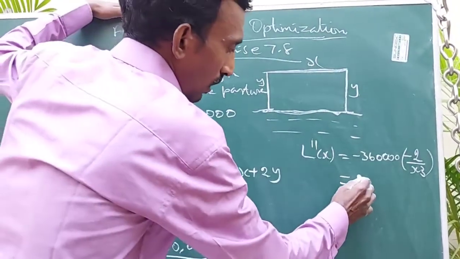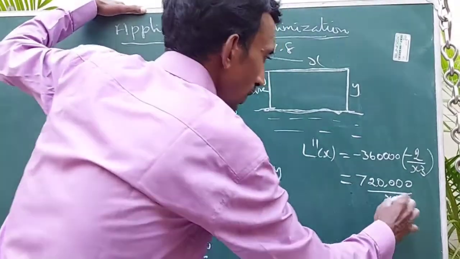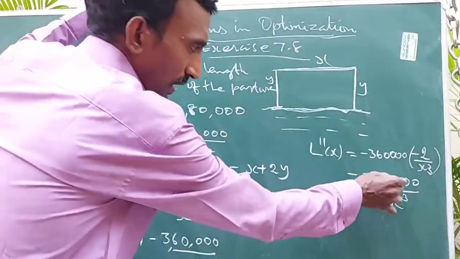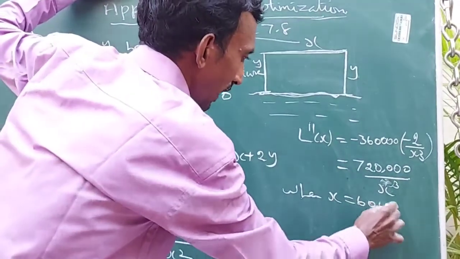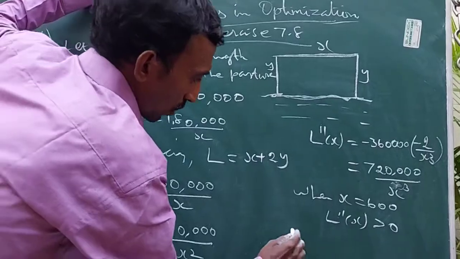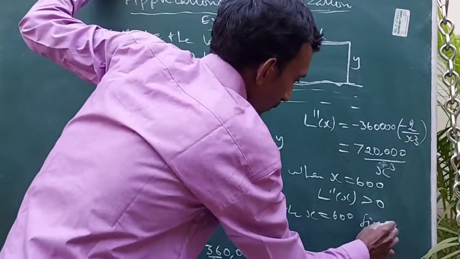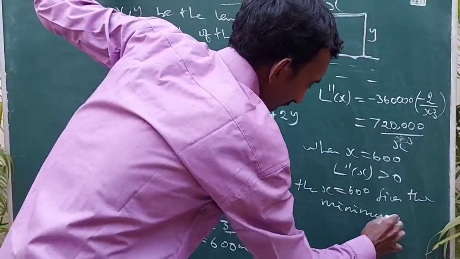Again 7,20,000 by x cube. Already told you, no need to find out the value. x is positive, so the whole value is positive. So when x equal to 600, L double dash of x greater than 0. So then x equal to 600 gives the minimum. Are you clear? That is enough.